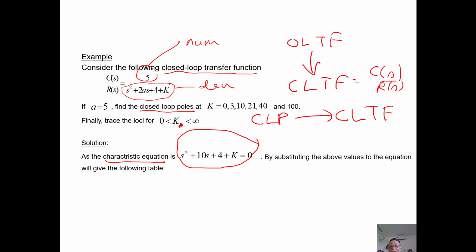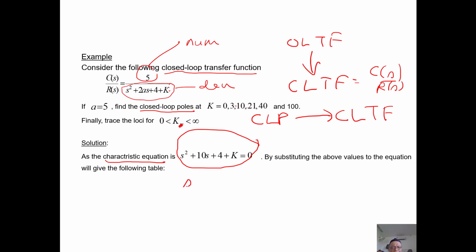So you need to find the roots of the den. Then you get the poles. In this case, the closed loop zero is none because there is no zero here. So by substituting the values of K = 0, 3, 10, 21, 40, and 100, you can solve it.